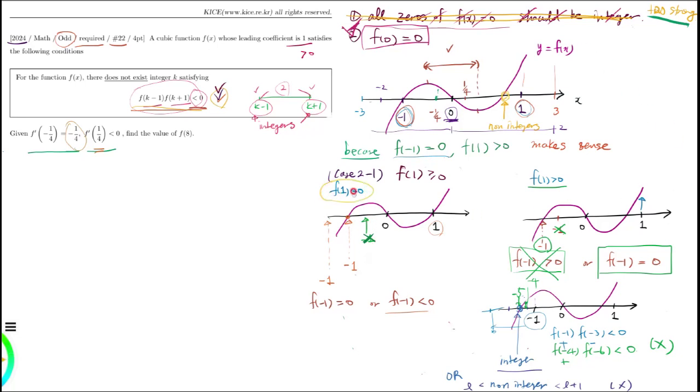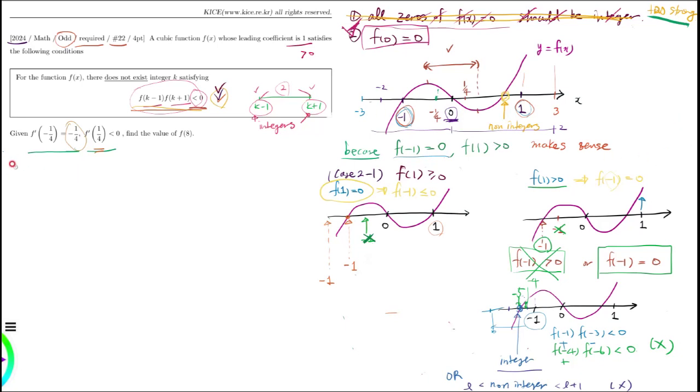For the case of f of 1 is 0, then we have a non-positive f of -1. For the case of positive f of 1, we do have another smaller 0 as x equals -1 here. We have two cases here.